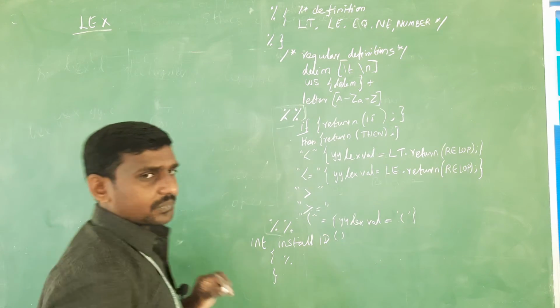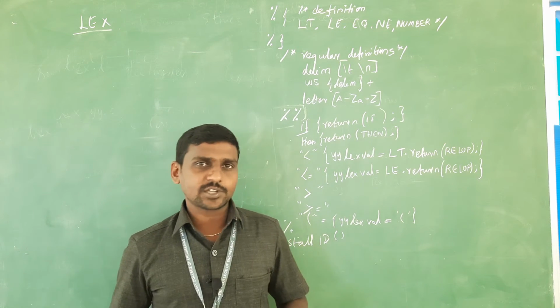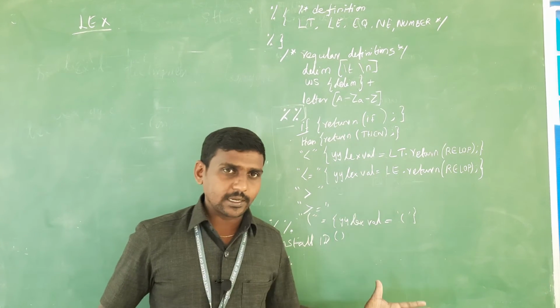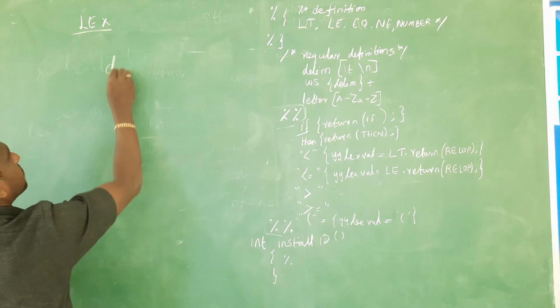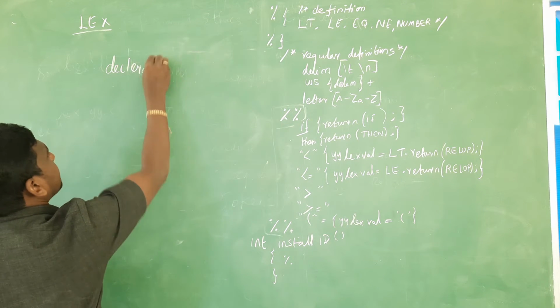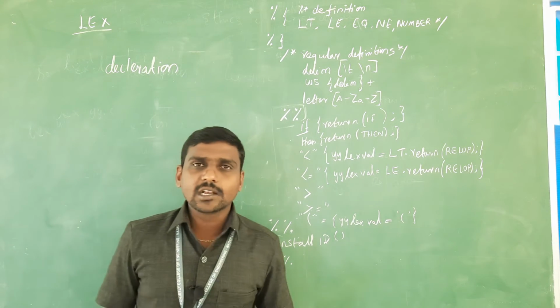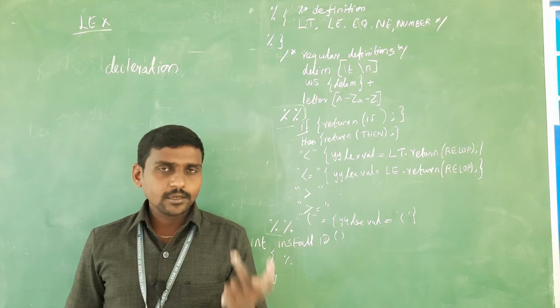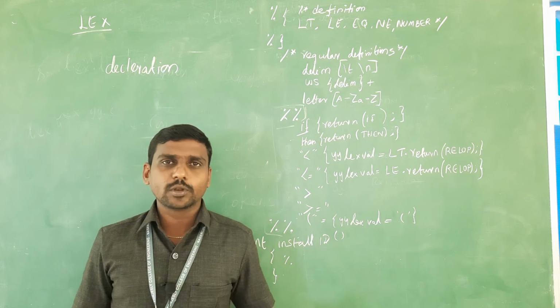Syntax for Lex program. All programming languages have a syntax, right? Similarly, the Lex tool has a syntax. First one is declaration. Inside this declaration part, we can declare numbers, constants, variables, whatever we need to run a program.